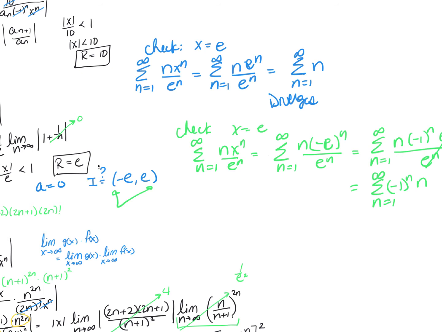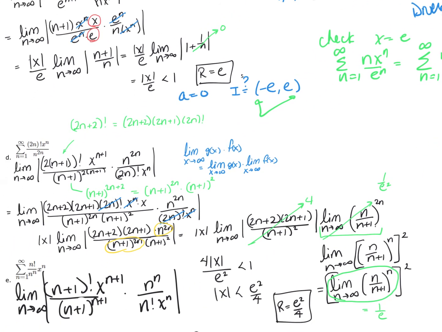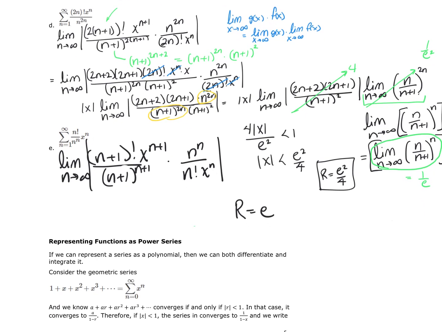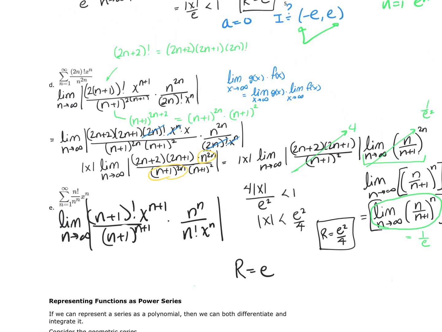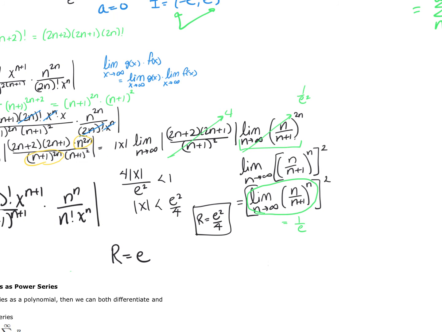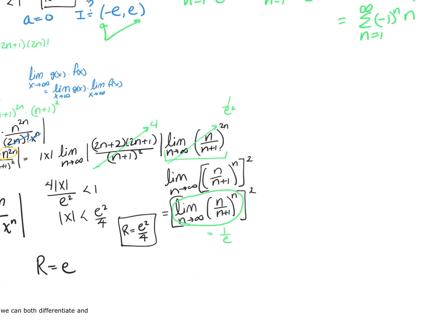Let's look at another one to see whether or not we have inclusive or not on the endpoints. I'm going to try to find one in which we will maybe include it. Let's look at D here. D, we end up with R is equal to e to the e squared over 4.